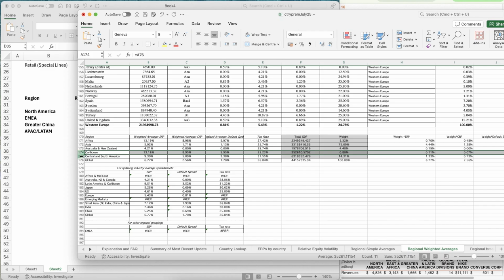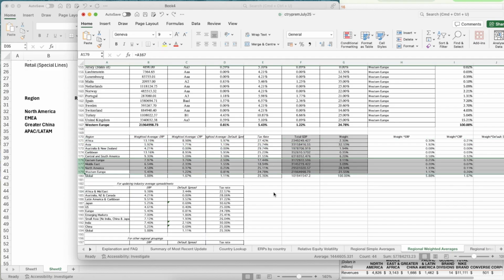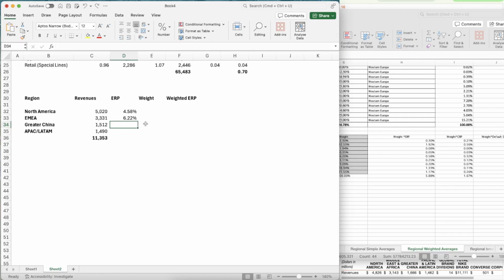Caribbean will keep, Central and South America. We'll take out Africa. We have that in EMEA. APAC, Australia, New Zealand, that counts as APAC, I think. So yeah, 6.41%. Remember that number. 6.41%. Forgot to put China in, 5.25%.